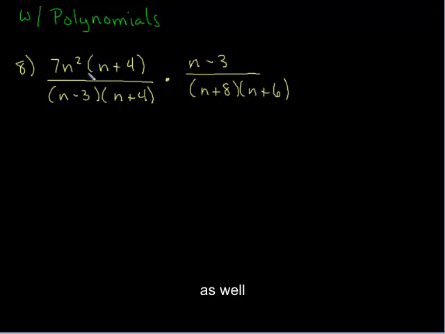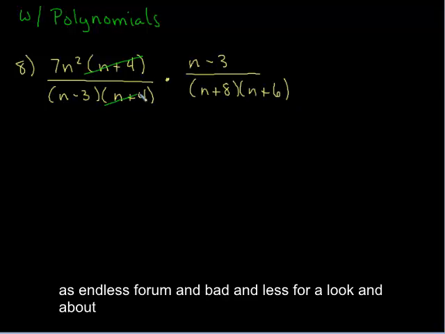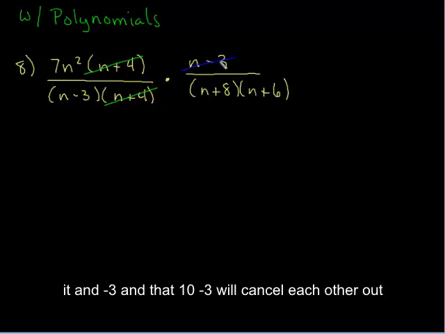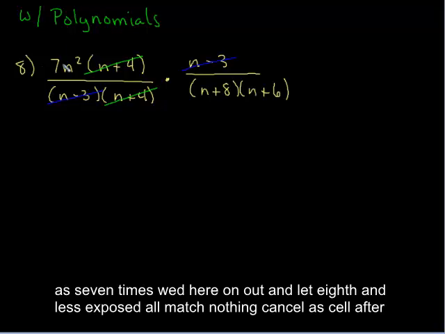So this n plus 4 and that n plus 4 will cancel each other out. This n minus 3 and that n minus 3 will cancel each other out. I have a 7n squared here. I have n plus 8 and n plus 6. Those don't match. Nothing cancels.